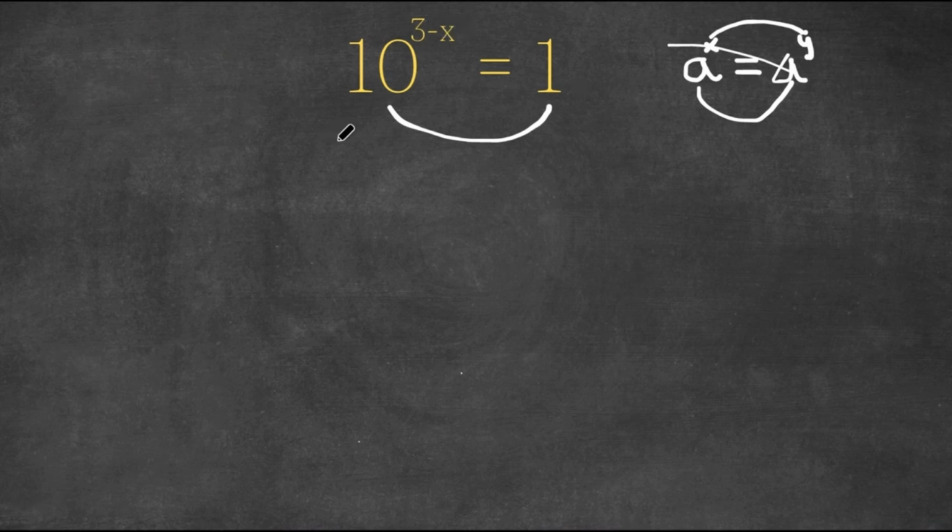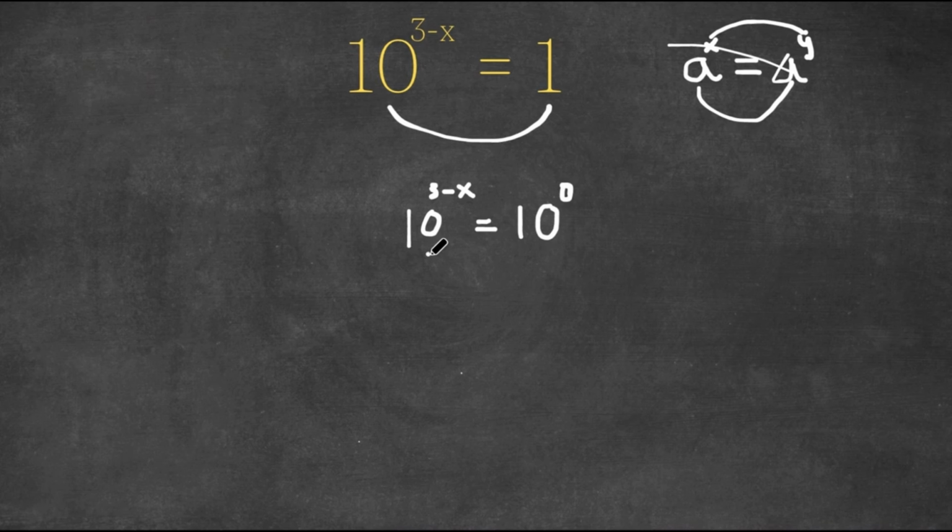Because anything to the power of 0 actually equals 1. So we should change 1 to 10 to the power of 0. And this still equals 10 to the power of 3 minus x.